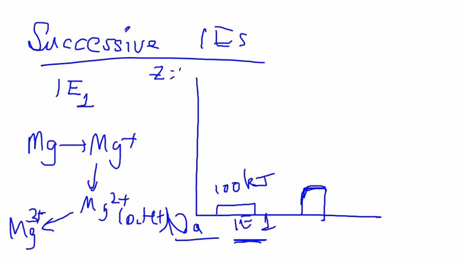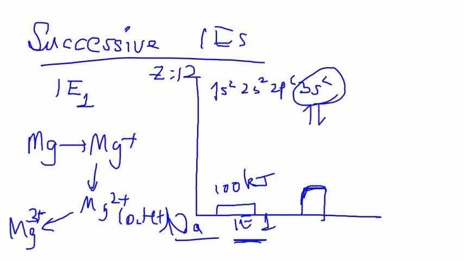Magnesium has Z of 12, which means the electrons are 1s2, 2s2, 2p6, 3s2. So that means that in this case you have paired electrons, and they will need to be unpaired before they can be subjected to ionization. So the IE1 is going to be not very small.